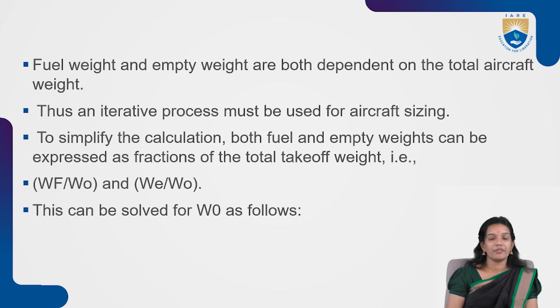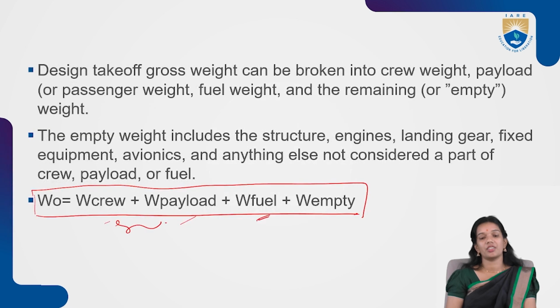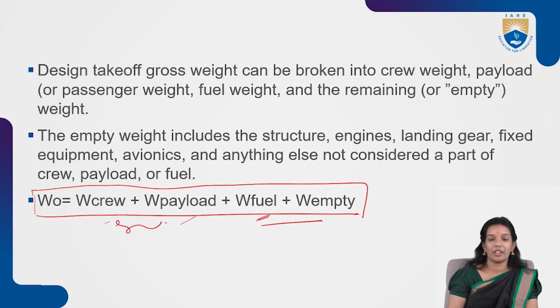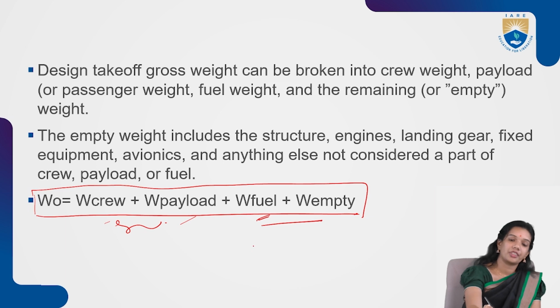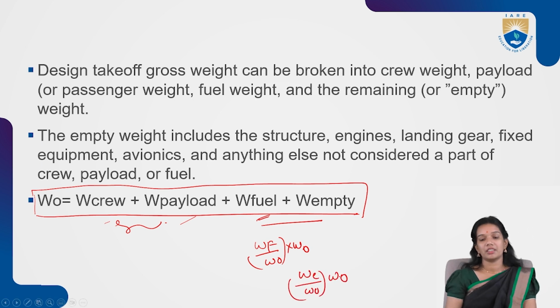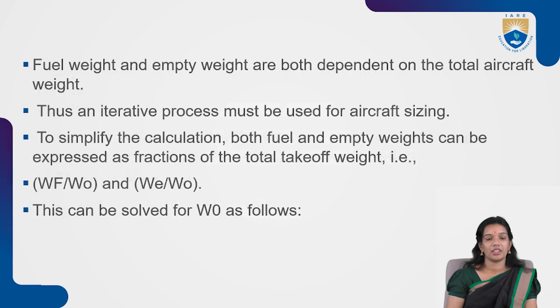Now, in order for me to simplify the fuel and empty weight, let me consider the fractions of it. So let me write it in terms of a fraction for ease of simplification. If I simplify these things, then it would be easy for me to estimate the fuel weight fraction and empty weight fraction.